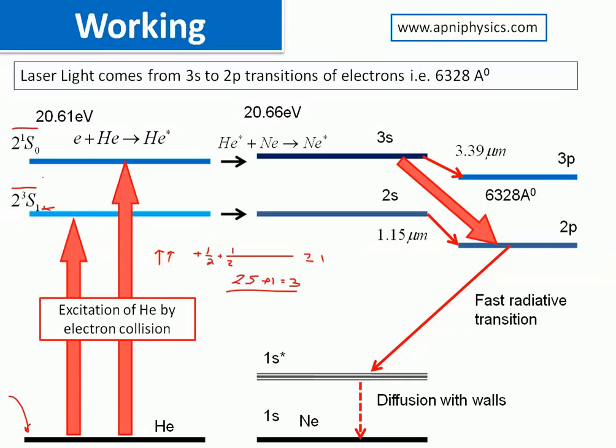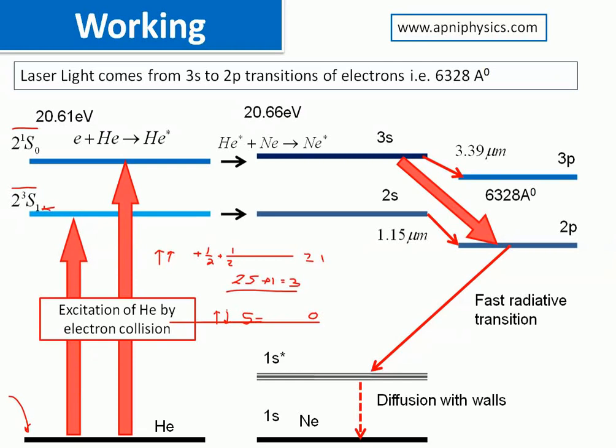And what about the singlet? The second possibility for these two electrons in the excited state of helium is that one is upward and the second is downward.